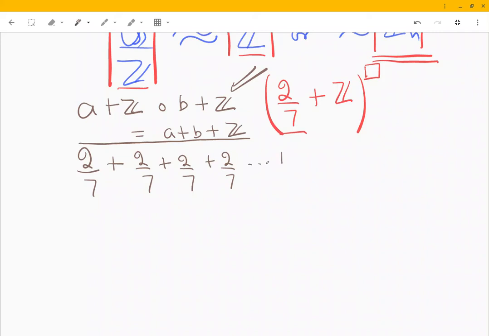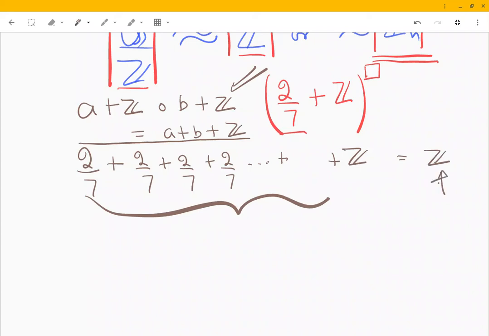How many times? Actually, what I'm trying to do is generate an integer here so that I get my identity back. This subgroup denotes the identity element of this vector group we are dealing with. So how many times do I need to take this to generate an integer here?